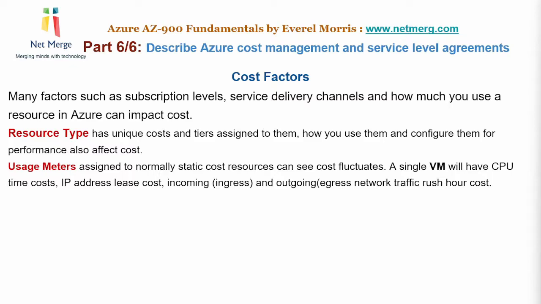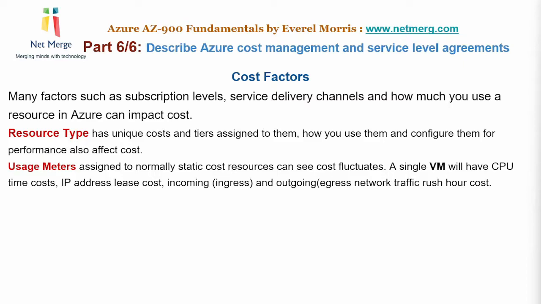Now, some usages are metered. It's normally assigned a static cost to a particular resource, so you can see cost can fluctuate if it's a metered service. A single VM will use a particular CPU and it's time based, so your time is measured on a metered basis and it can fluctuate. The IP address that you lease also has a cost to it, depending on how long you use it or how much you use the particular lease.